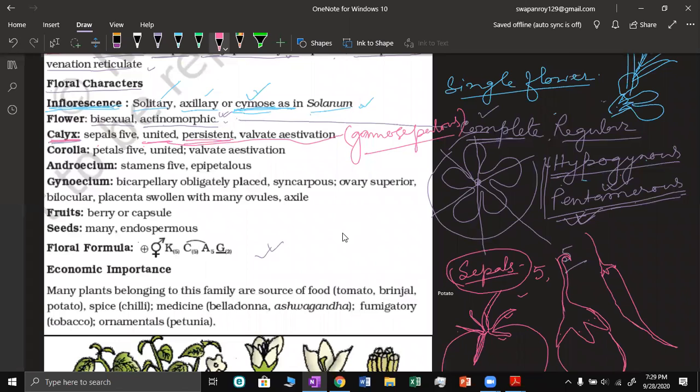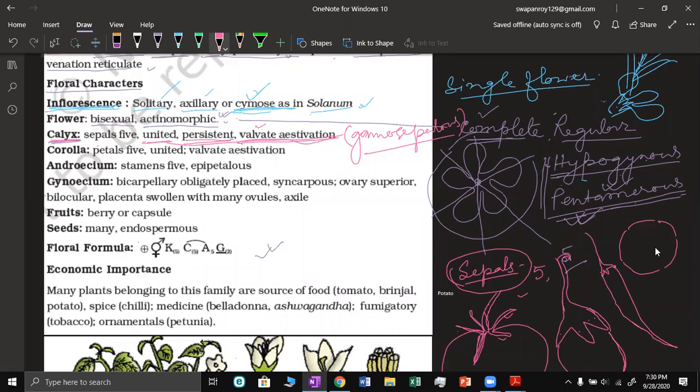Okay, this is gamosepalous. And see this character I told, persistent. The opposite of this is called caducous, and caducous means it drops. Okay, and then estivation is valvate. Valvate estivation, you remember? Estivation is the relative arrangement of the sepals and petals within the bud. In valvate estivation, the sepals or petals just meet by their ends.